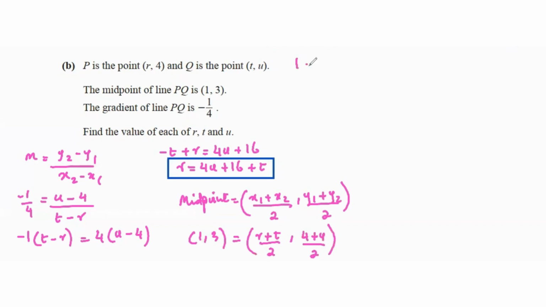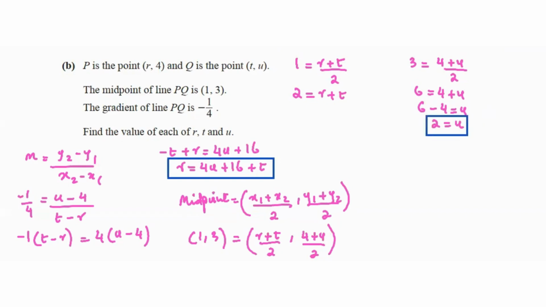So that means 1 equals (r plus t) over 2. Cross multiply, so 2 equals r plus t. And 3 equals (4 plus u) over 2. Cross multiply, 6 equals 4 plus u. 6 minus 4 is u, and 2 is u.